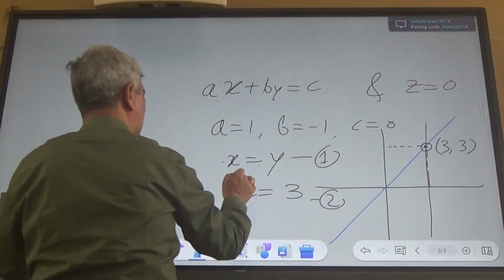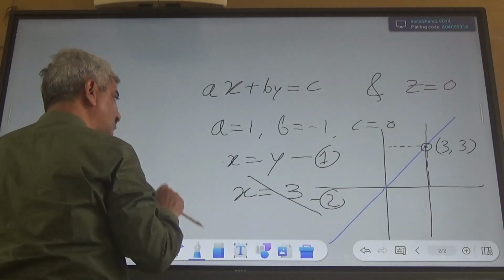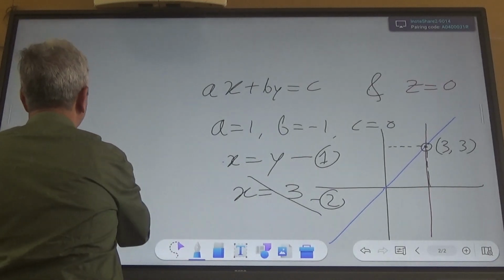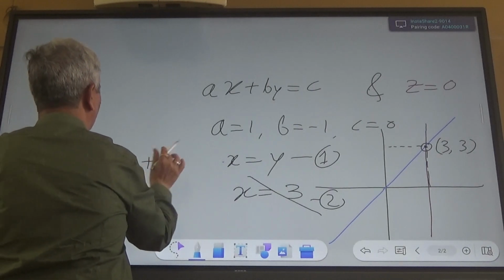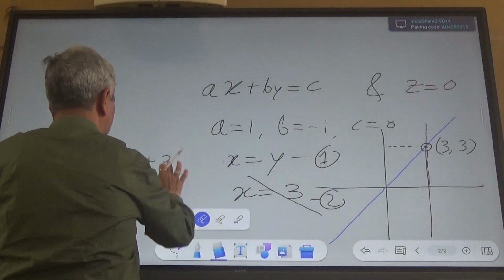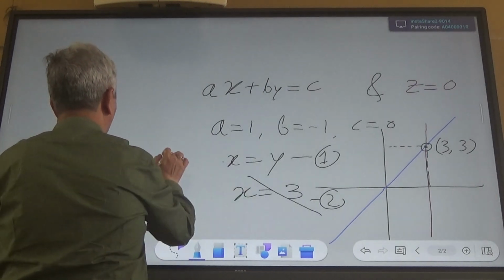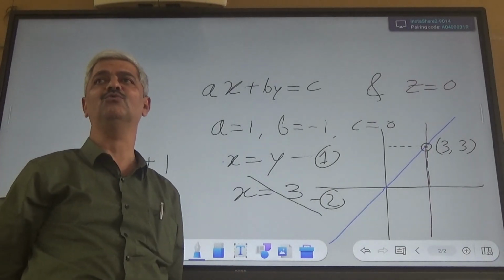Now I cancel this and I will have one more equation, that is x equal to y plus 1. Why 2? I take 1. What will happen?